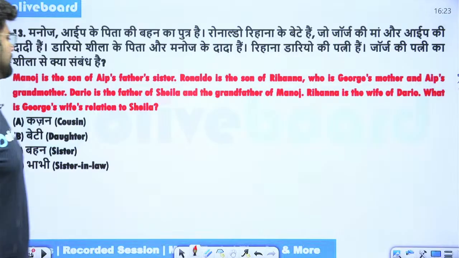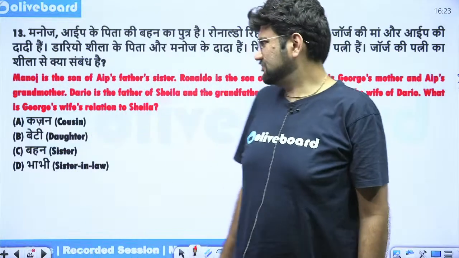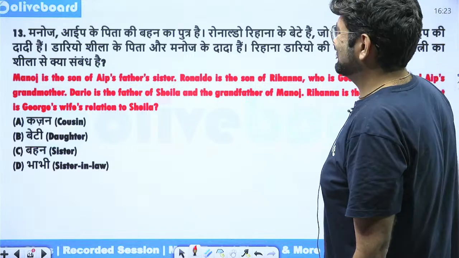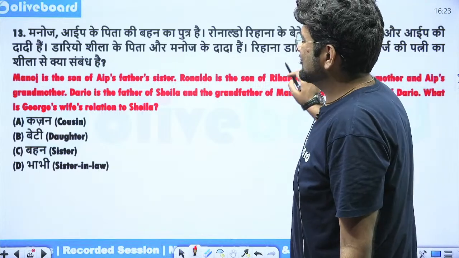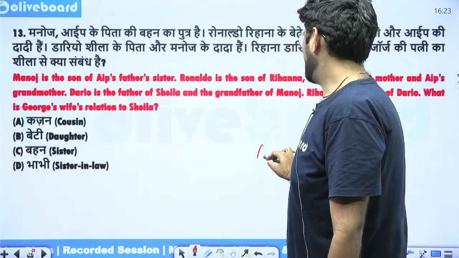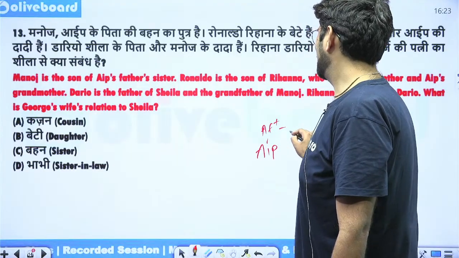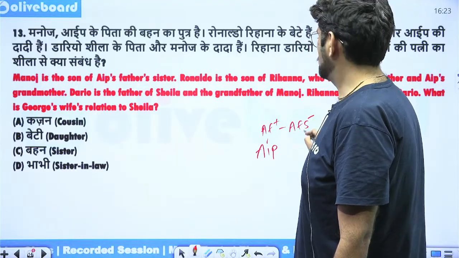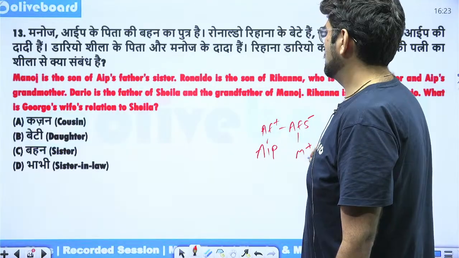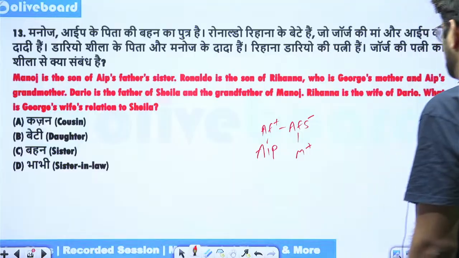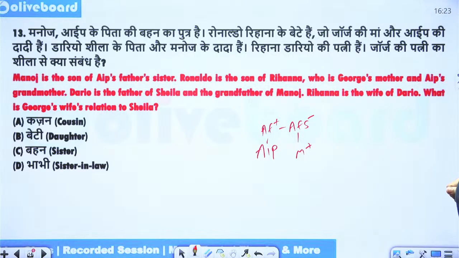Manoj is the son of AIP's father's sister. AIP's father's sister. Manoj is the son. Ronaldo is the son of Rihanna, who is George's mother, and AIP's grandmother.